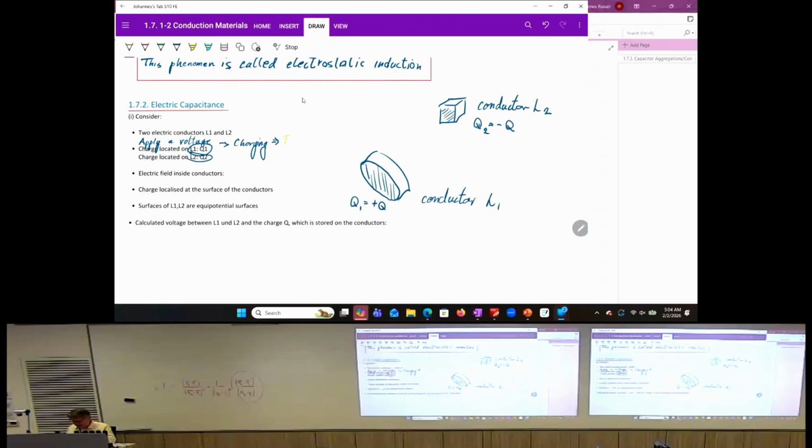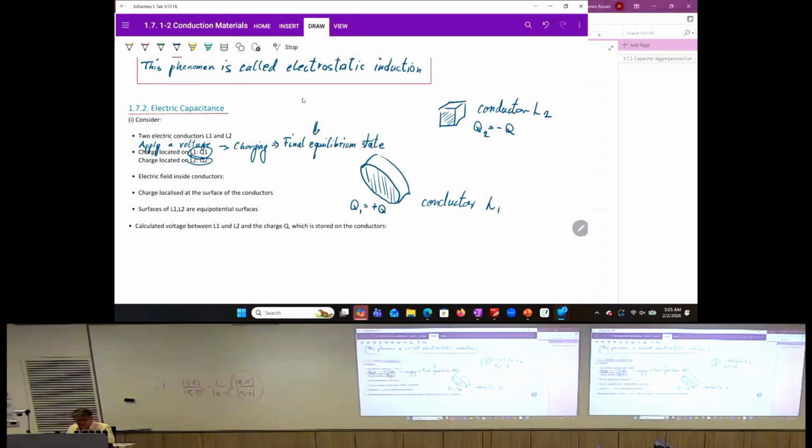In this final state, there will be no change with time. Otherwise, it would also not necessarily be static anymore. You have now an electric field. We have here charge plus Q on conductor 1.